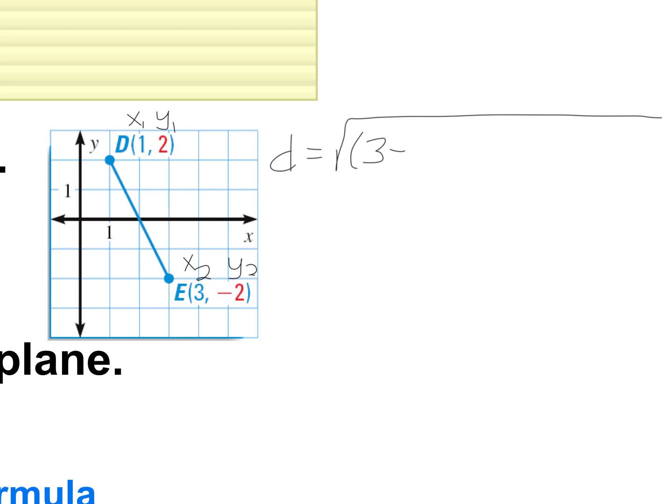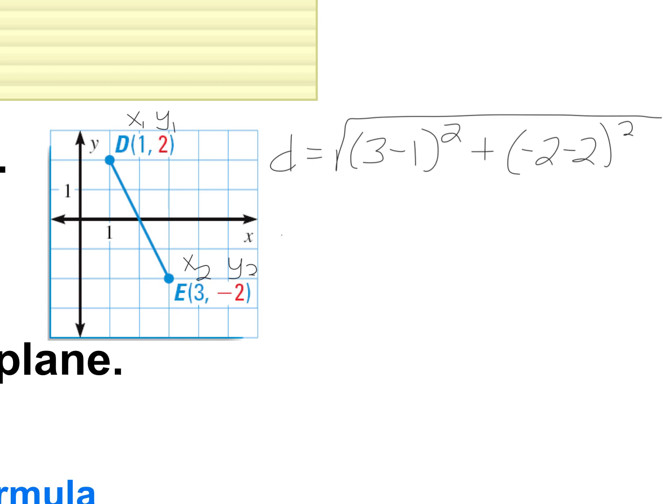What's my x1? So subtract. And then in parentheses, squared, plus, now we do the same thing with the y's. What's my y2? -2. y1, and then squared. Make sure if you put x2 first, you have to put y2 first. If you put x1 first, you have to put y1 first. They just have to match.